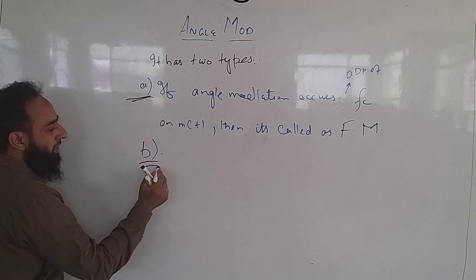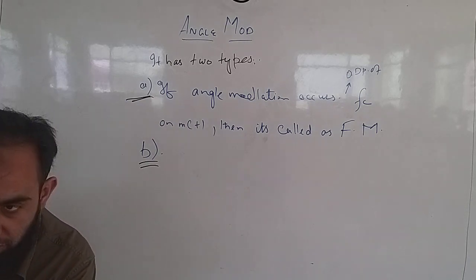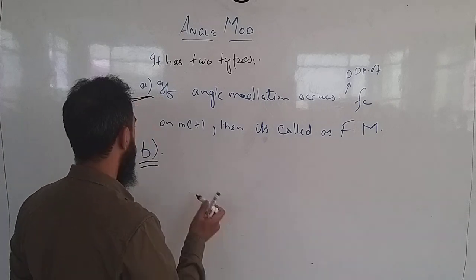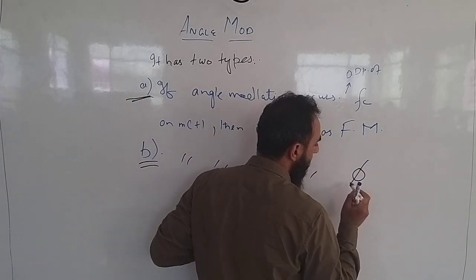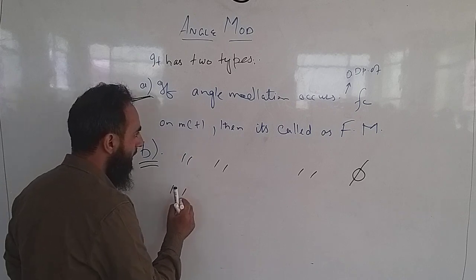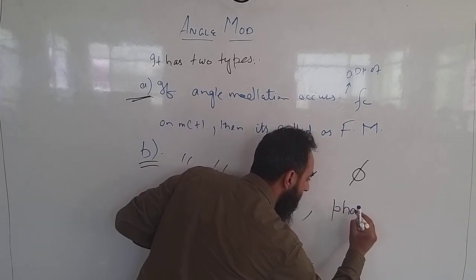A type and B type. What is phi? Phi is the phase angle on m of t, then it is called phase modulation.